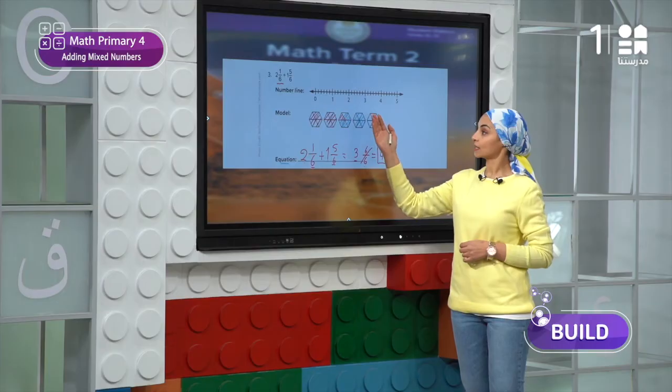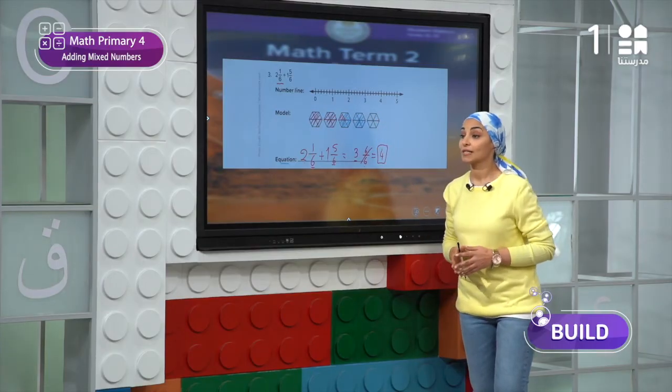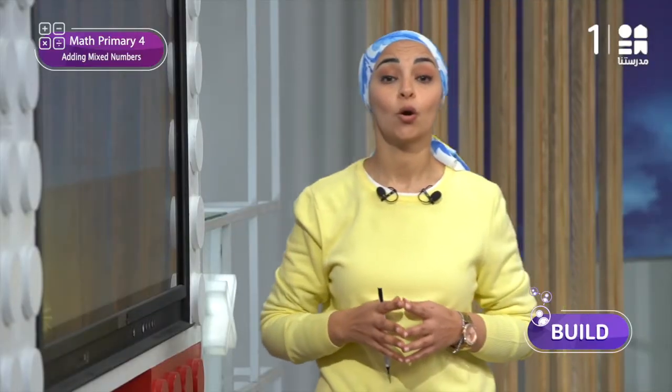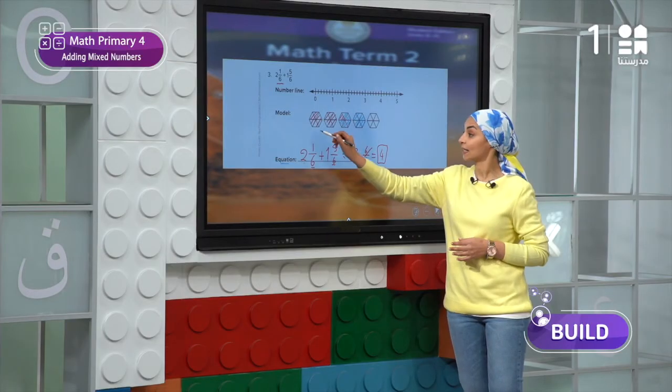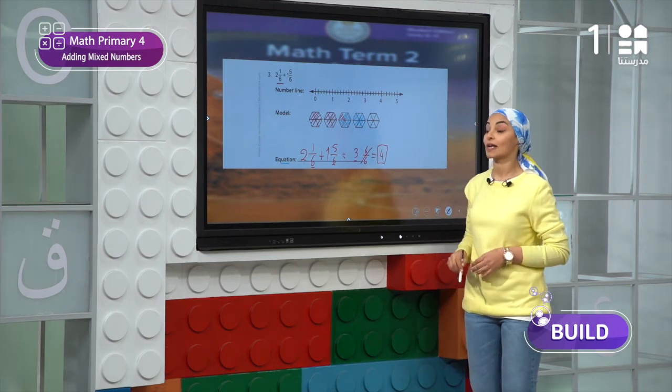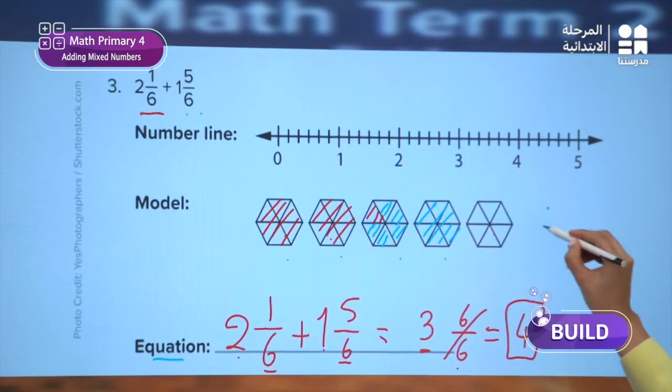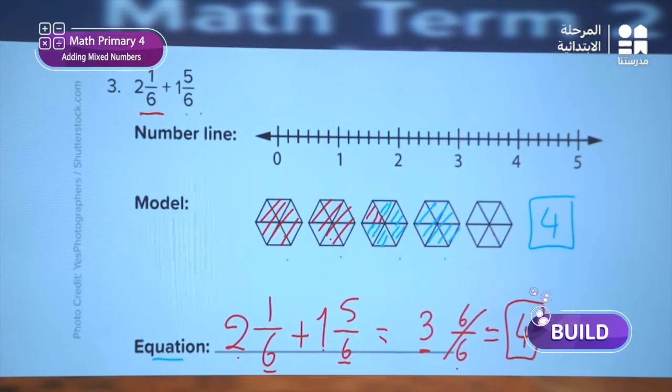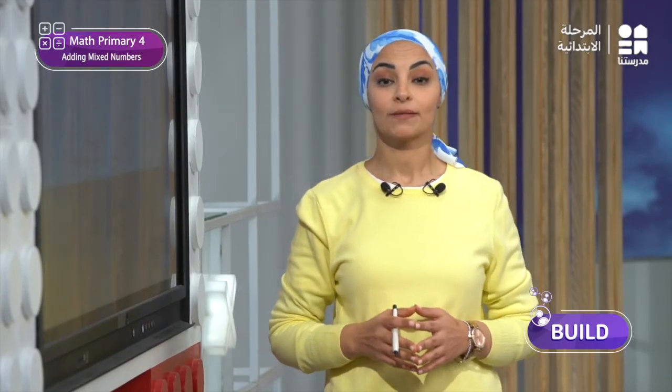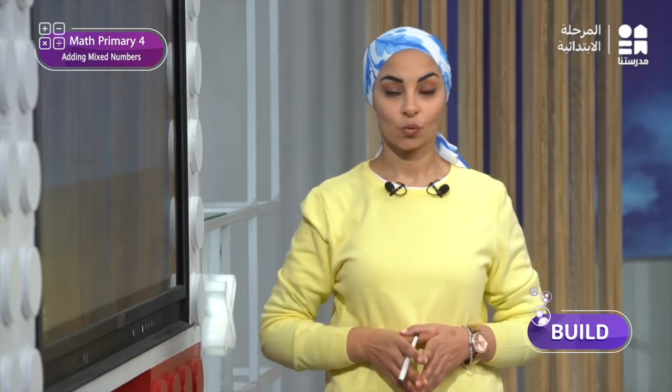Now, after I colored 2 and 1 over 6 plus 1 and 5 over 6, the answer will be how many whole colored models? How many whole colored do I have? Yes, I have 4 colored wholes. There will be a remaining whole model that is not colored, which is this one.